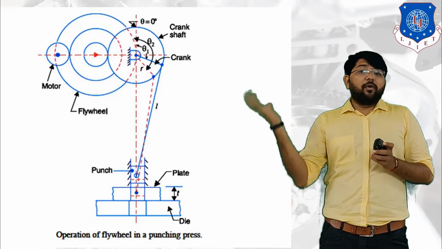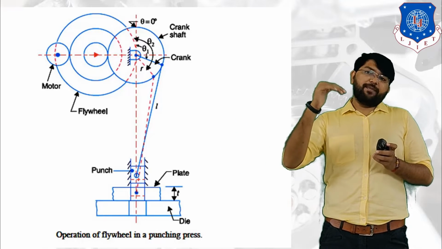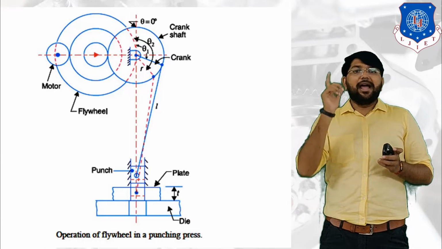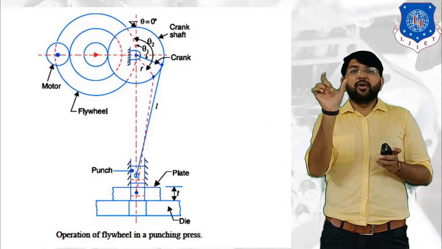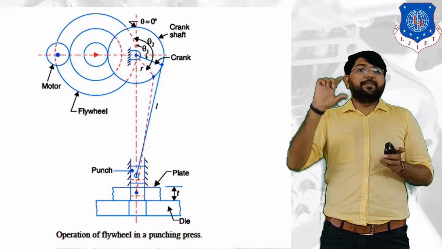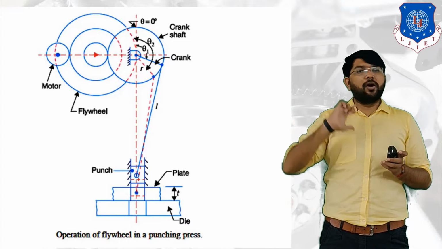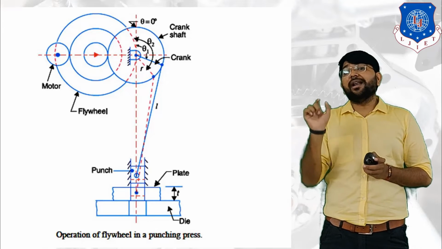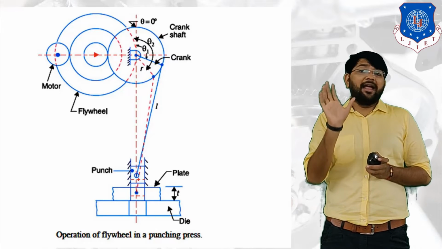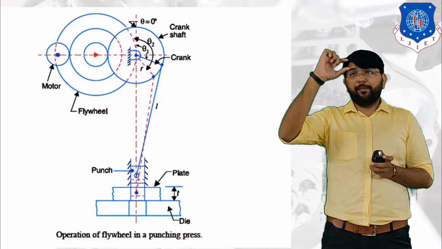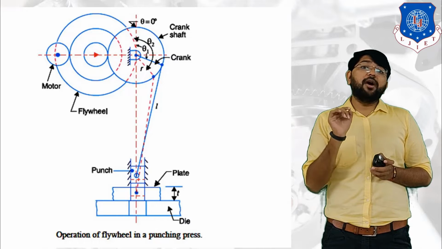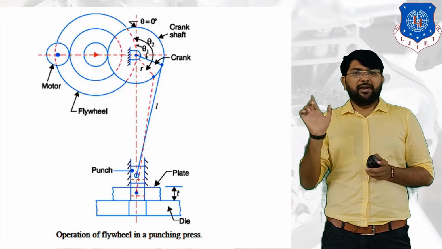The motor supplies constant power to the flywheel, and the flywheel supplies power to the slider crank mechanism. Due to the crank and connecting rod, the piston moves cyclically up and down like a punch. We require energy whenever the punch contacts the plate, because we have to cut it.